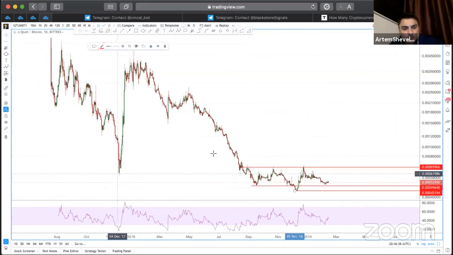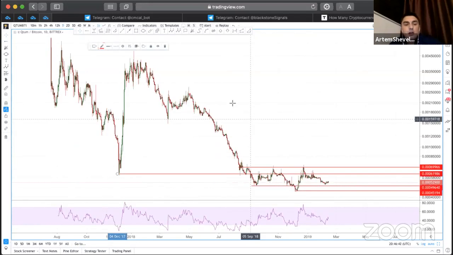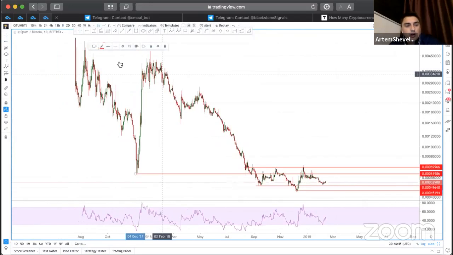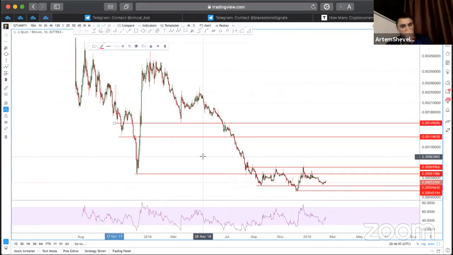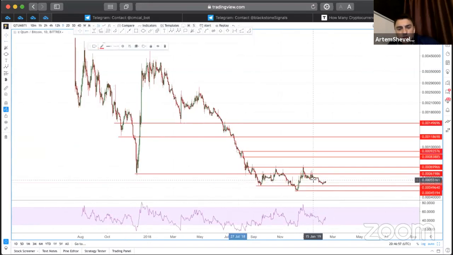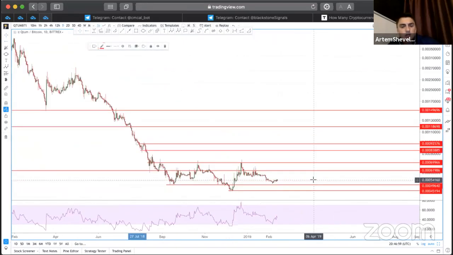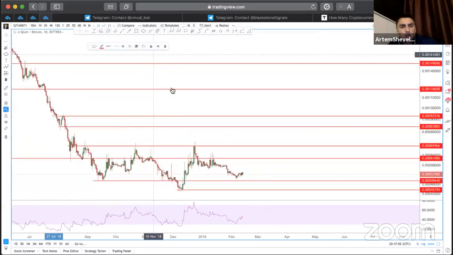And as I told you in a lot of live streams before, QTUM is probably bullish as well, which we can find on this chart with some levels. This level here is really good. So this is another coin for the long term, and it's good.